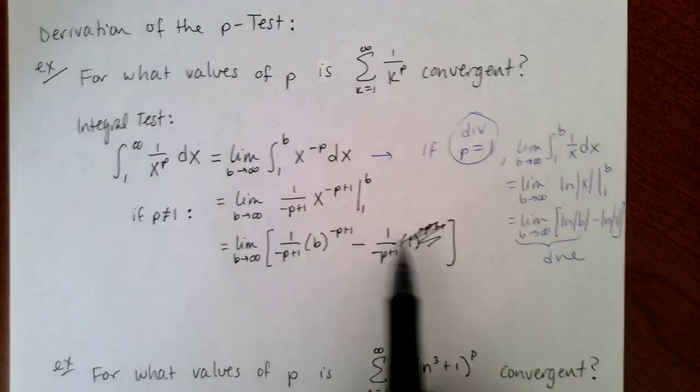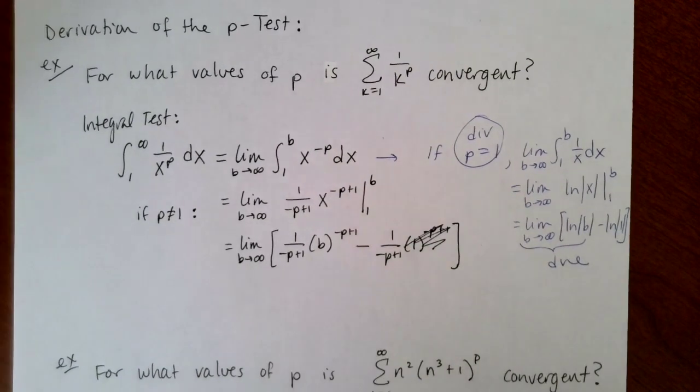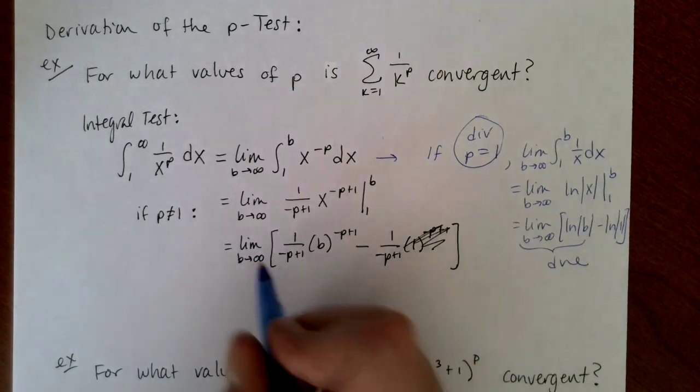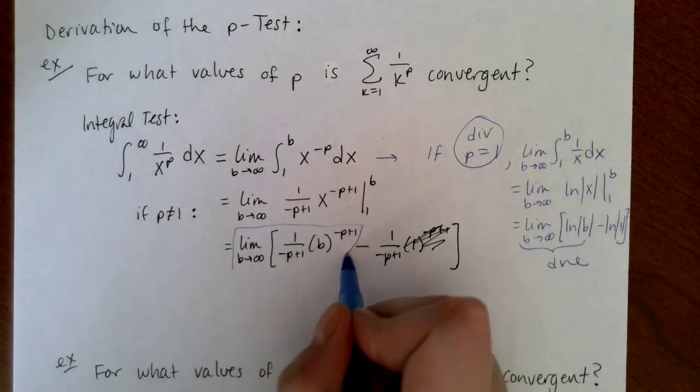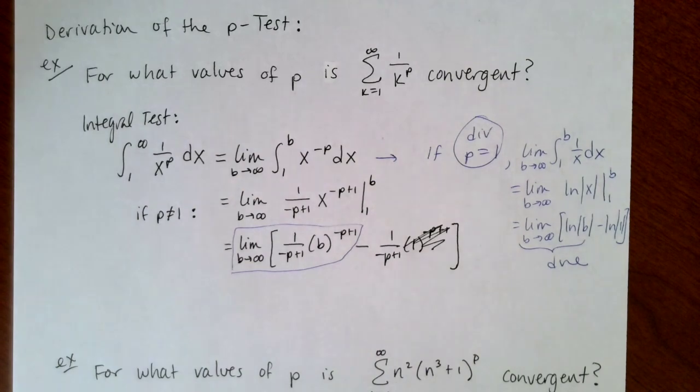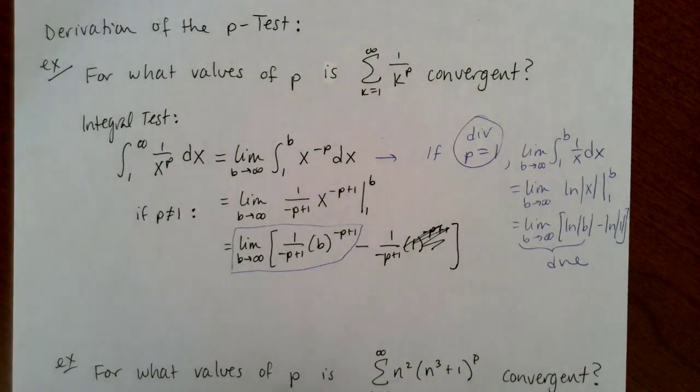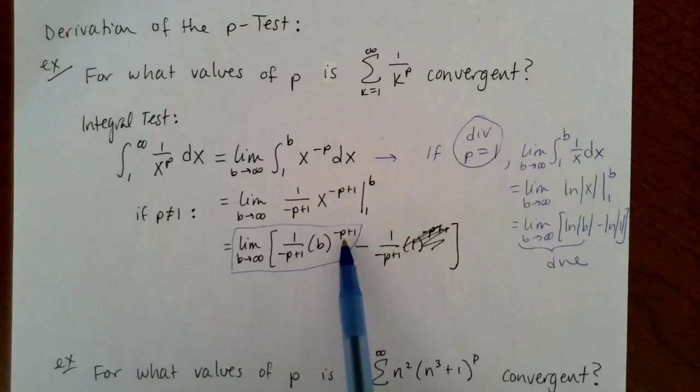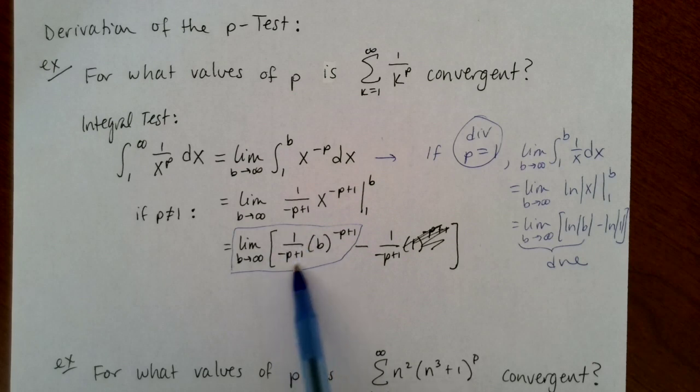So whatever p is, this is just some number. Okay, so when we're considering the limit, we are really focused in right here. And this is where it really matters exactly what kind of number p is. And it has to do with this exponent here. So this is just some number out front, so it's not going to change whether the limit exists or not.